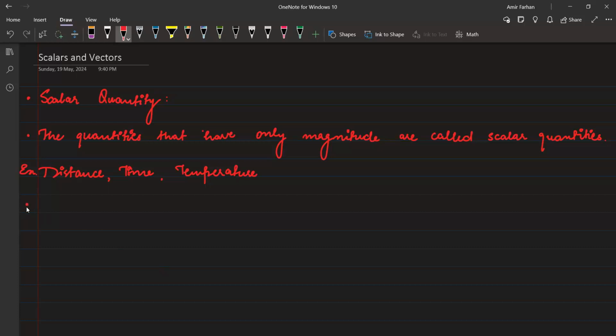So how do we calculate these quantities? The basic thing is that scalar quantities are added or subtracted algebraically.